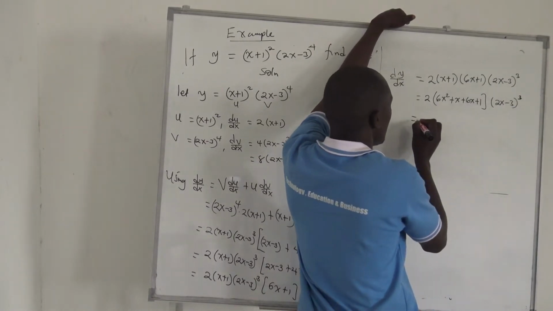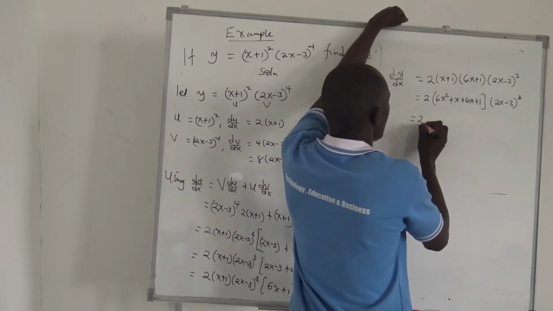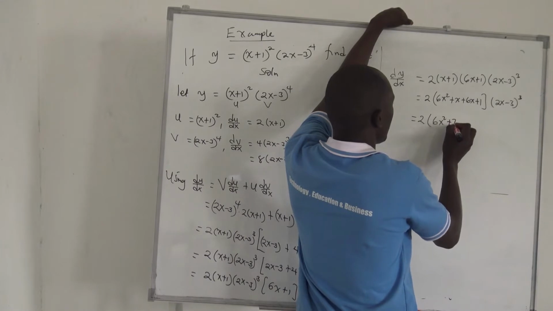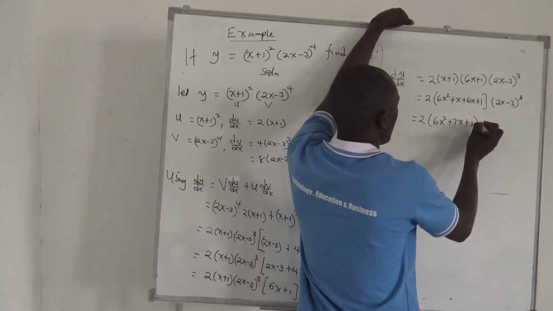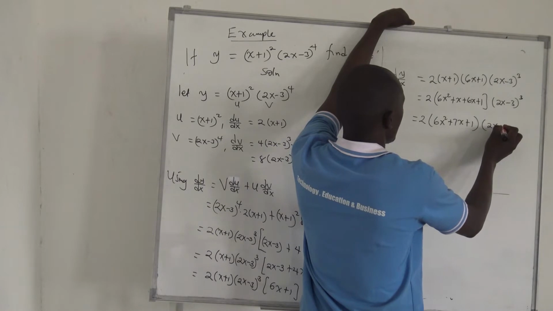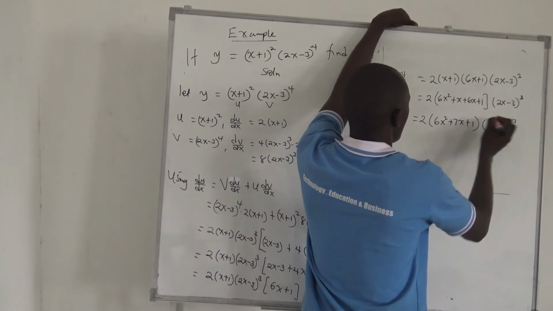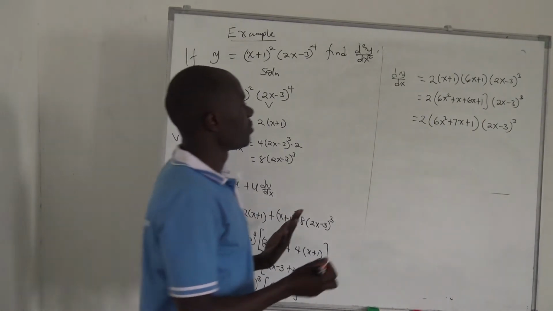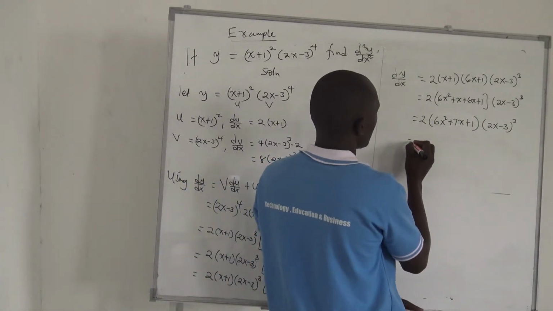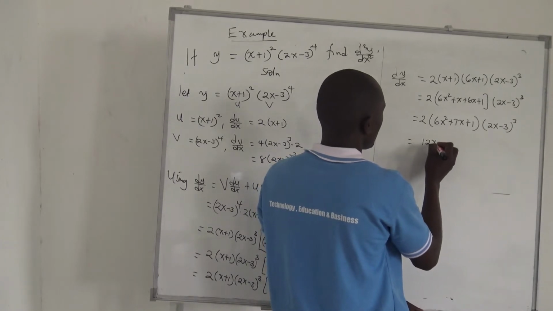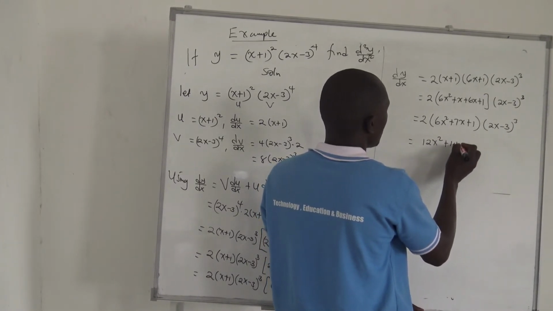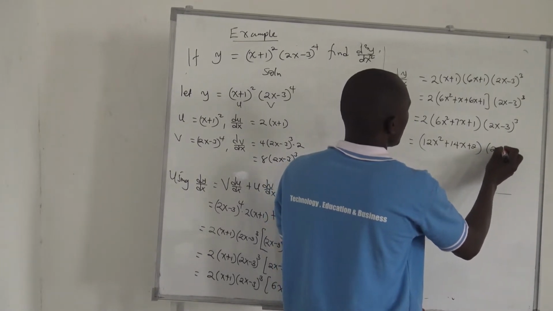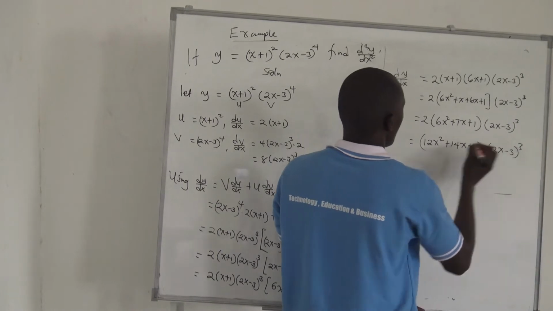So we are getting 2 into (6x squared plus 7x plus 1) into (2x minus 3) cubed. I can put the 2 inside, and this becomes 12x squared plus 14x plus 2, again into (2x minus 3) to the power 3.